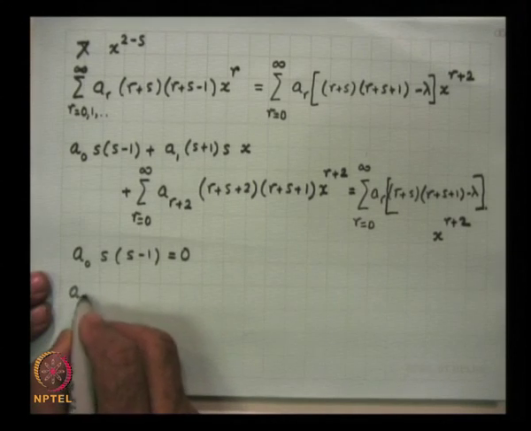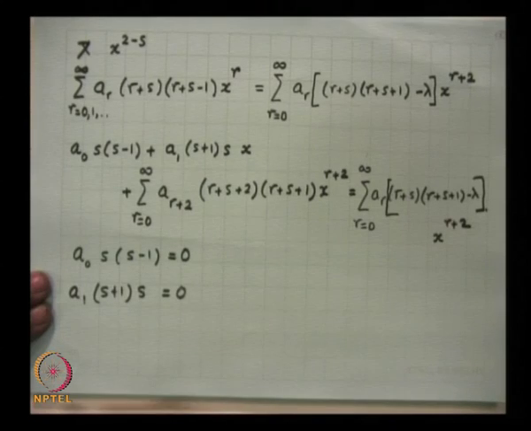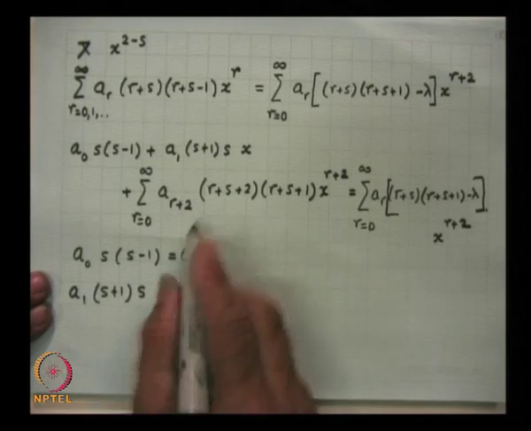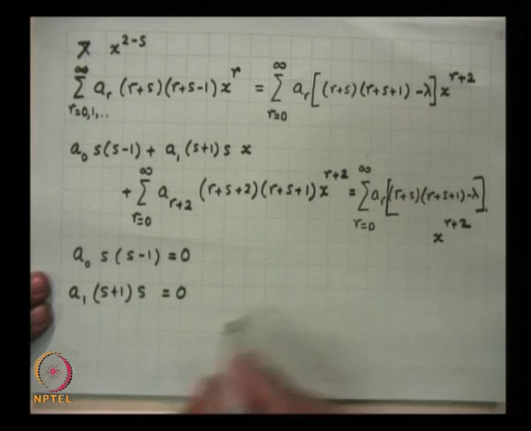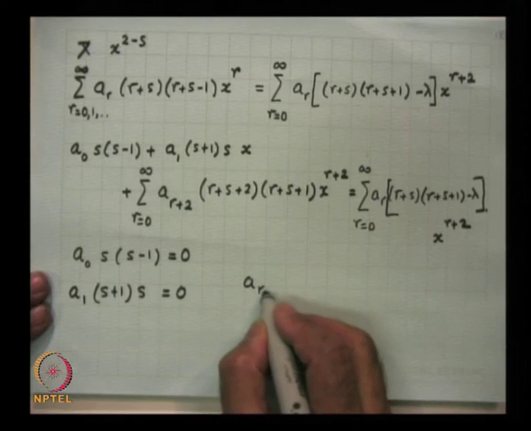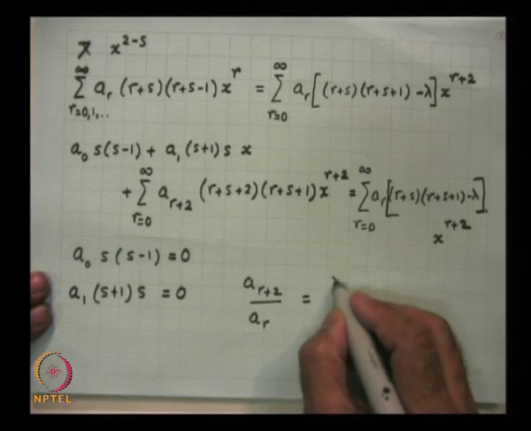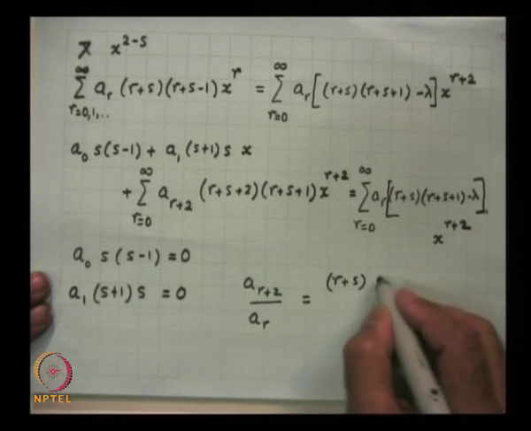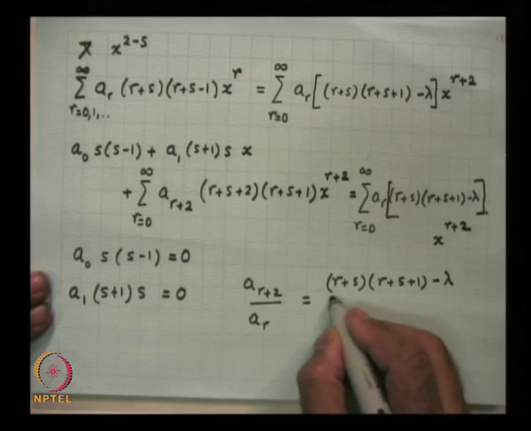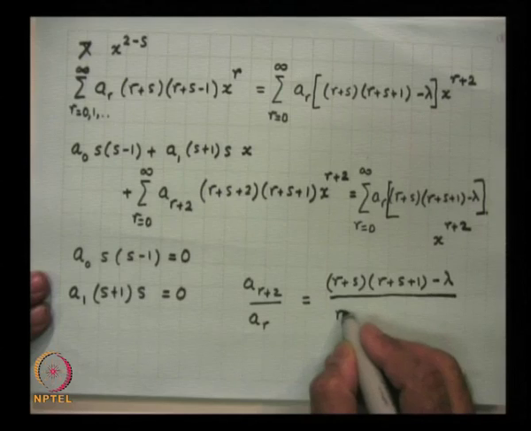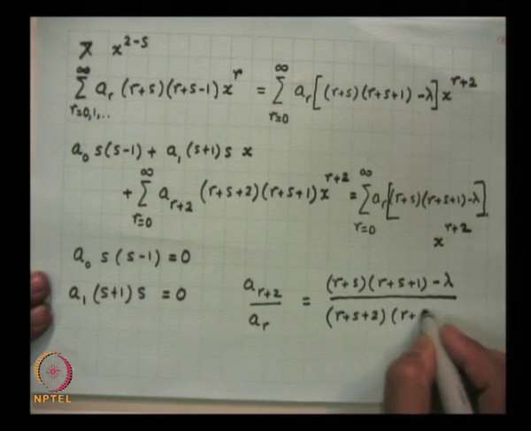The second term will give a_1 into s plus 1 into s is equal to 0, and the third term will give a_(r plus 2) multiplied by this will be equal to a_r multiplied by this. So, I obtain a_(r plus 2) divided by a_r will be equal to r plus s plus 1 minus lambda divided by r plus s plus 2 into r plus s plus 1.